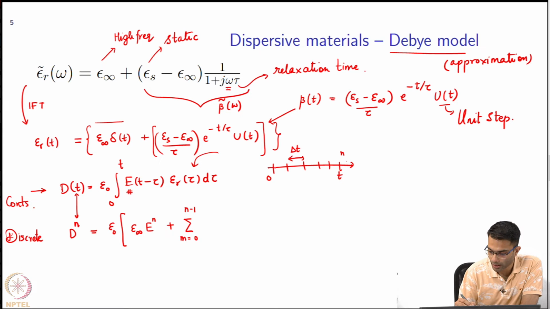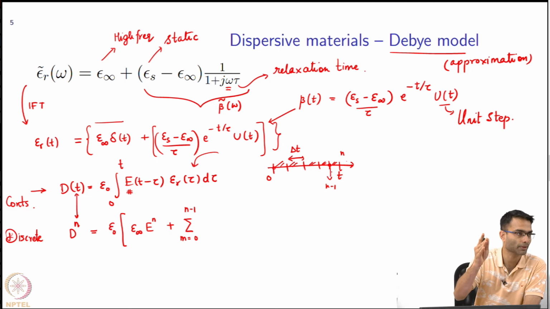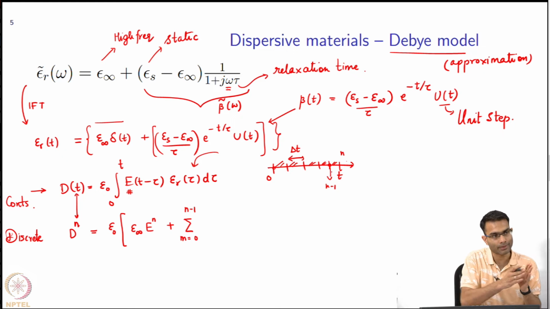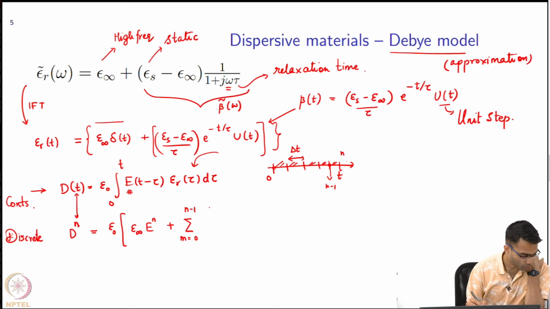So I have over this, this, this, and finally over this. This is 0, 1, 2, 3 all the way up to n minus 1, the starting point of the time interval. I am going to assume the electric field at the start of the delta t remains the same for that delta t.